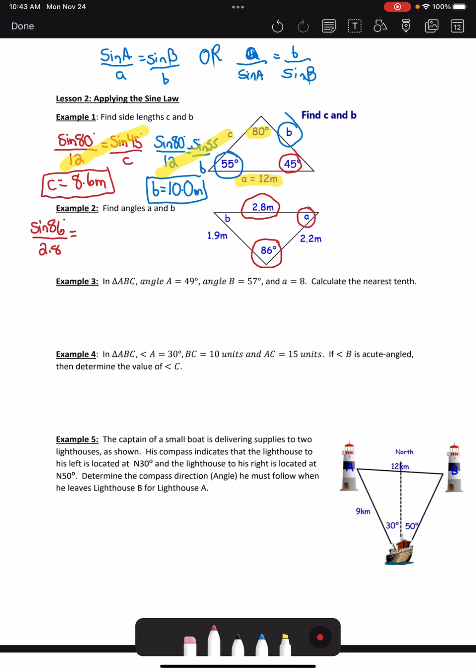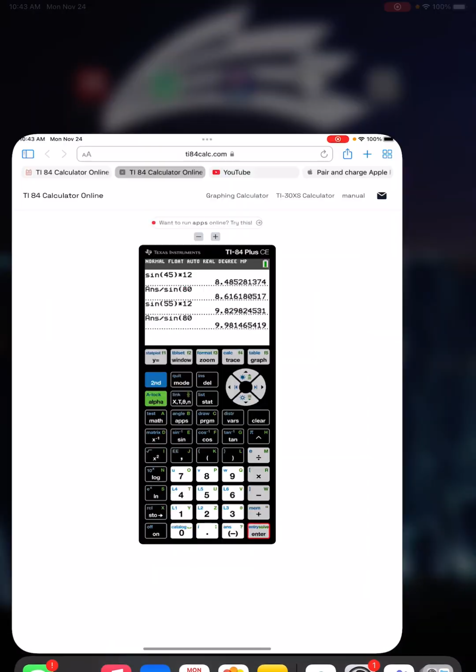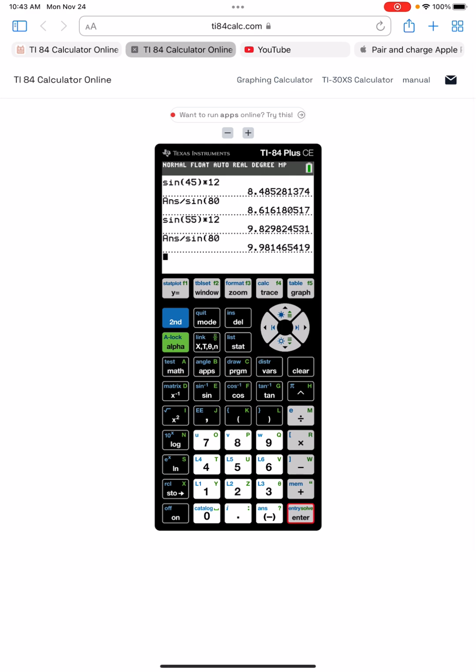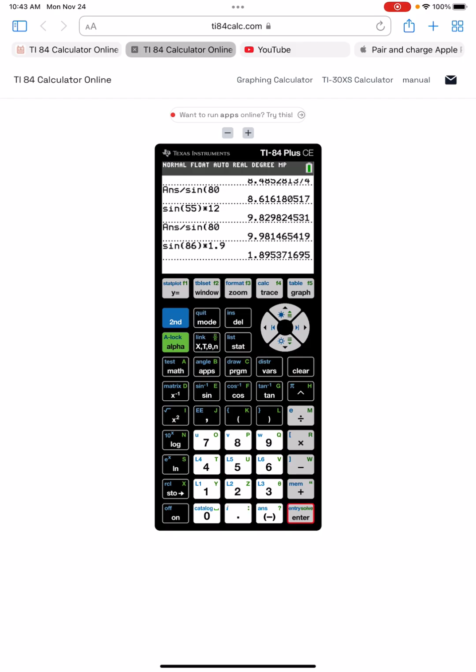Let's start with A. A is opposite to 1.9, so I'm looking for sine angle A, which is opposite to side length 1.9. And then I'm going to cross multiply and divide.